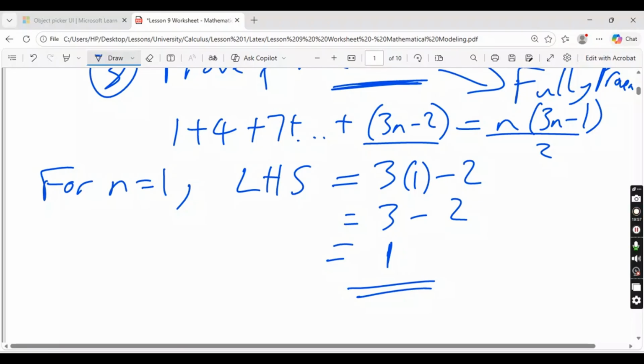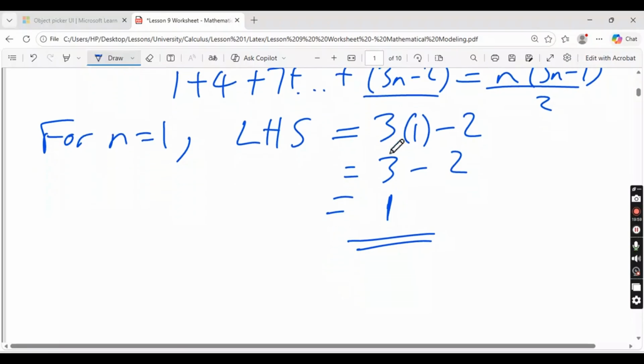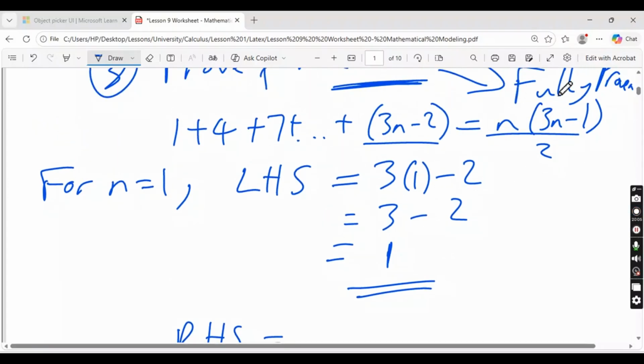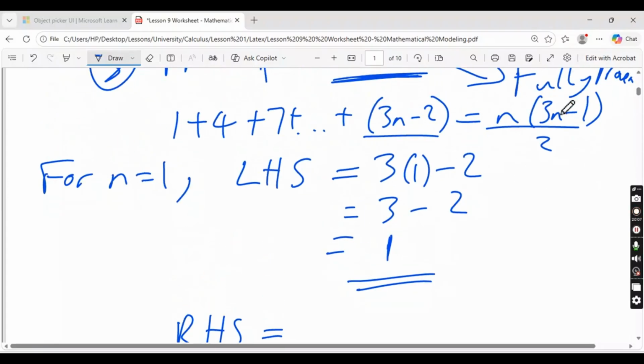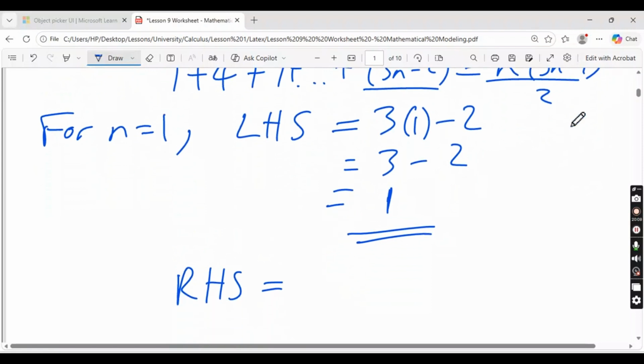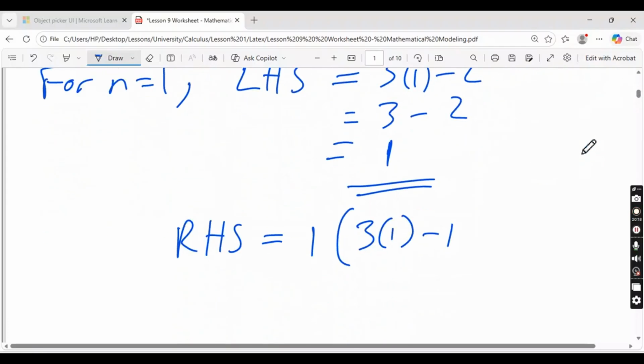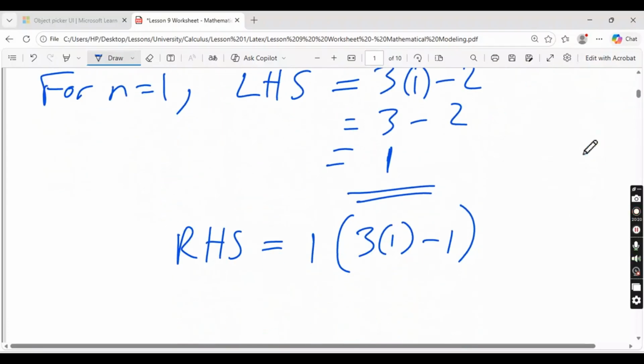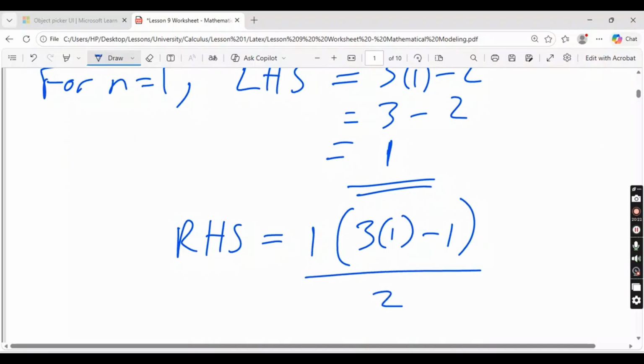Let's check what the right-hand side has to offer. So we write right-hand side is equal to, and then we take the right-hand side and replace wherever there's n with 1. So we write 1, open bracket, 3 times 1 minus 1, all over 2.